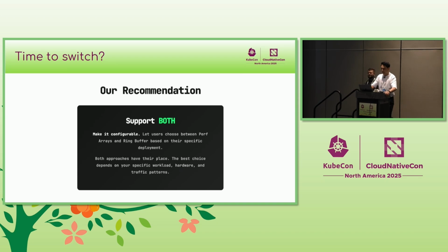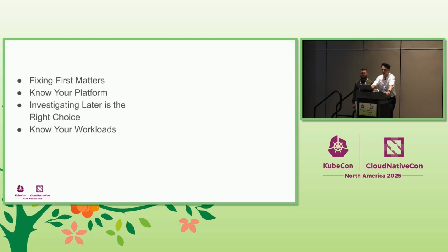I think we are slightly over time, so let's jump to the conclusions. As we wrap this up, there are some key takeaways. To bring this all together, fixing first has to be your priority when users are impacted. Know your platform deeply, understand which knobs are available, like mutation webhooks for instant configuration injection to disable a DaemonSet, and investigate later to uncover the systematic issues that can't be fixed during an outage.